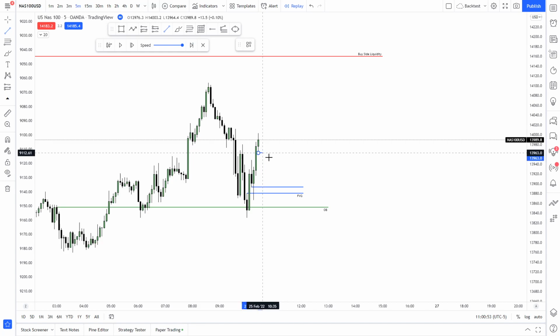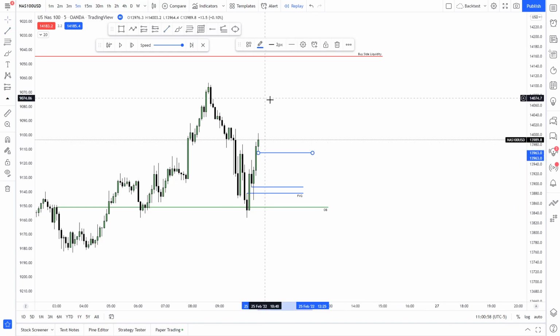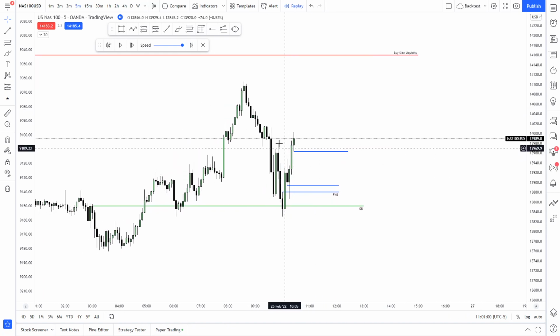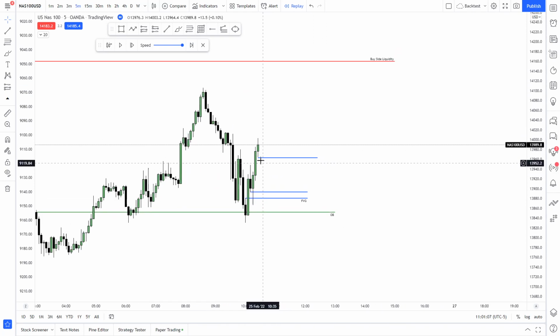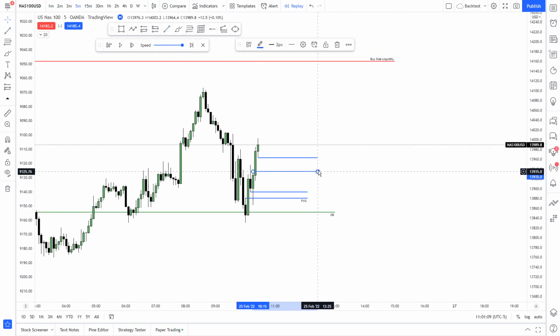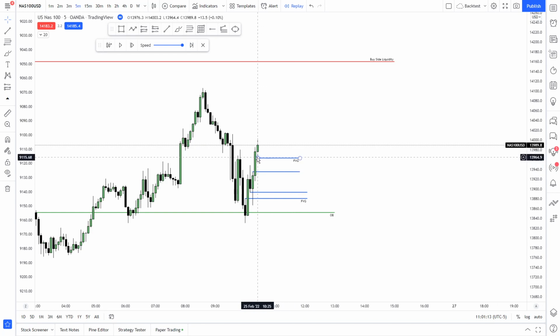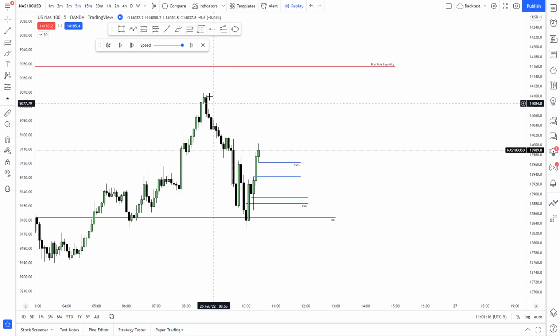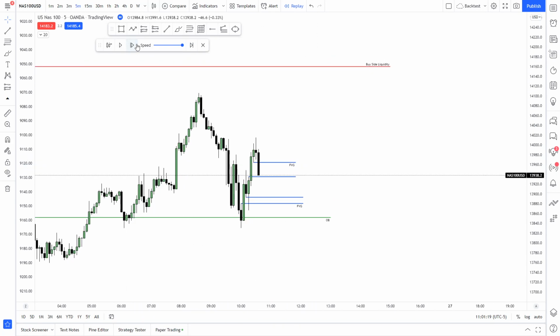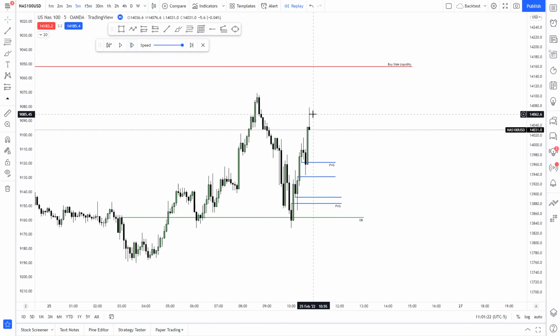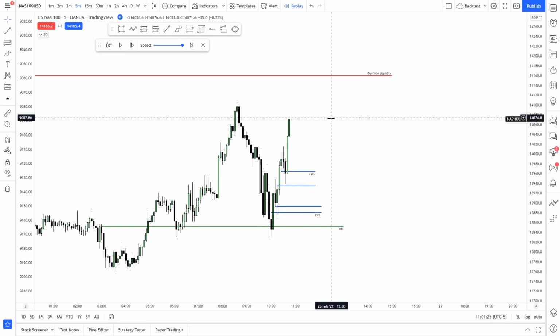We want to see price potentially come to this FVG right here. We want to see price come to here. Okay, right here. I want to see price come to there. Comes into it, wicks. Now we want to see price go to the buy side liquidity.